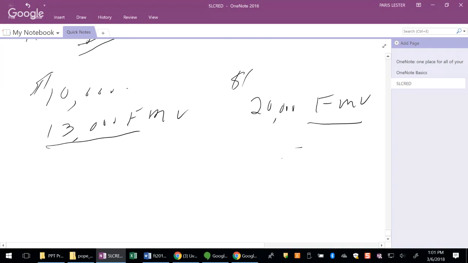All right, another scenario. We're just going to give him 5,000 cash. How much gain? This is basis. We're giving 5,000 cash. How much gain? 5,000. Gain is 5,000.